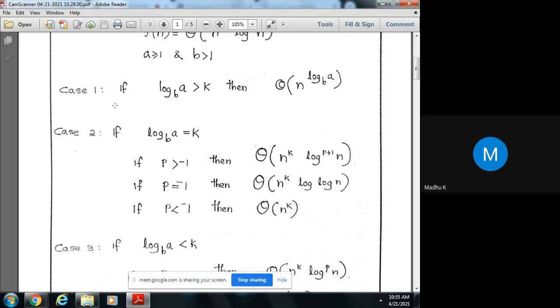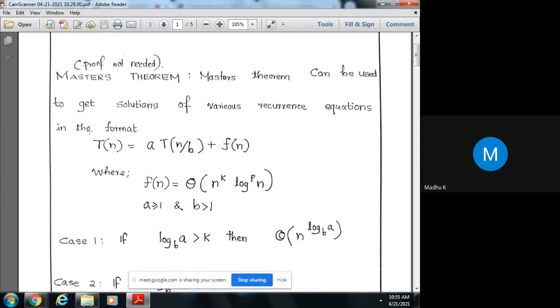Similarly, in the recursion tree method, we form a recursion tree, analyze the cost at each level, then take the cost at all levels. That is also not needed here. We just need to memorize these cases, then we can directly get the answer. That is the advantage of master theorem.